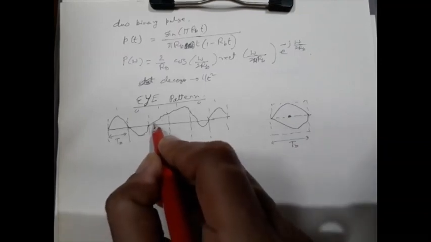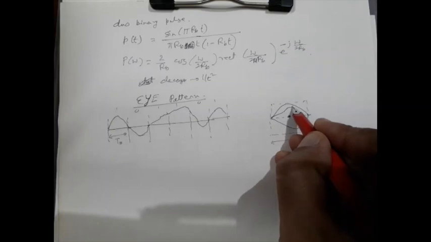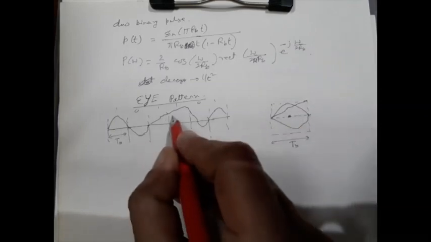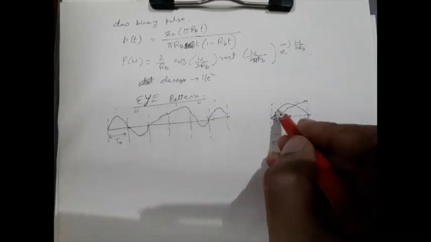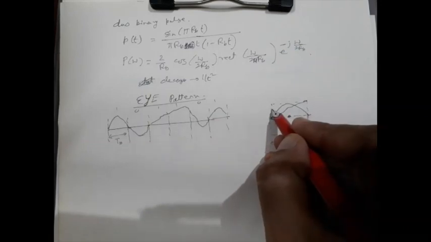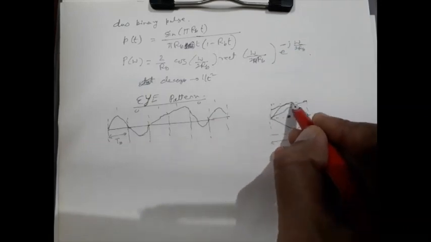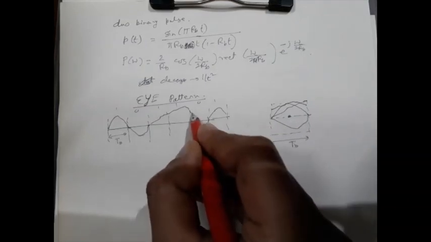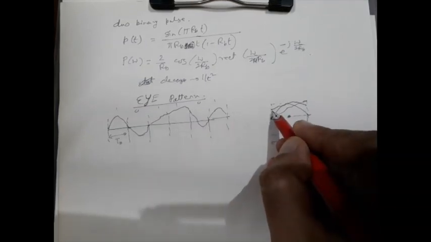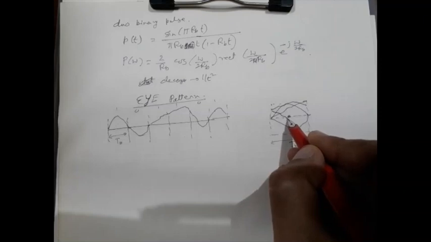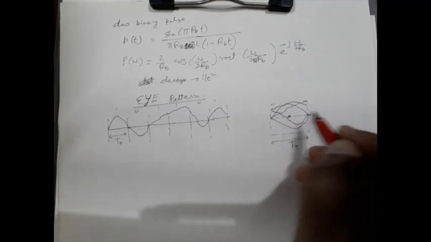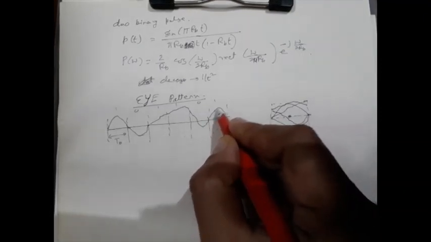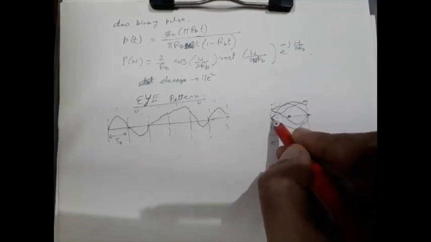In the third trace it will display this one. Fourth trace it will display this one. Fifth, it will display this one. And last, this one will be displayed.